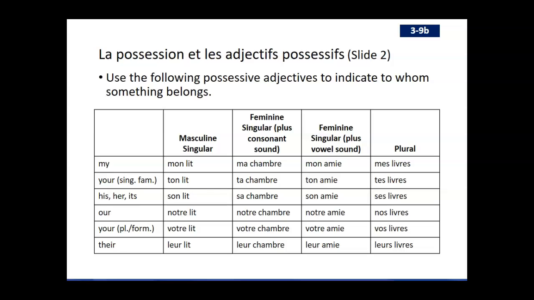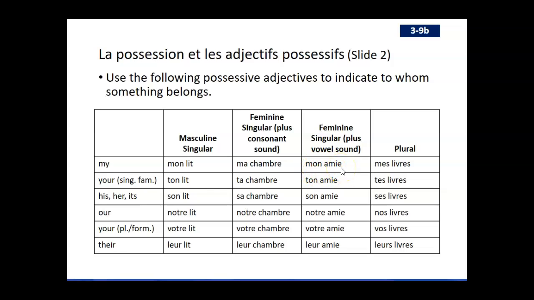And then we have feminine singular, but let's say this time our noun starts with a vowel, like the noun amie, and this would be the feminine form of ami because we have the e on the end. So it becomes mon amie. Notice the liaison between the two here.